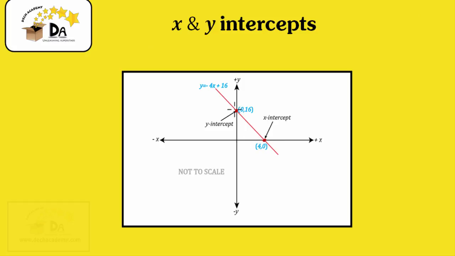The point where this line crosses the y-axis is known as the y-intercept. X-intercept, y-intercept. Simple stuff. Now, the x-intercept is given as a point and has coordinates. In this case, it's 4, 0. In this case, it's 0, 16. So it's just a point, and when you have that point on your graph paper, you read off the x-coordinate and the y-coordinate, and there you go. You have your x-intercept. Do the same for the y-intercept.